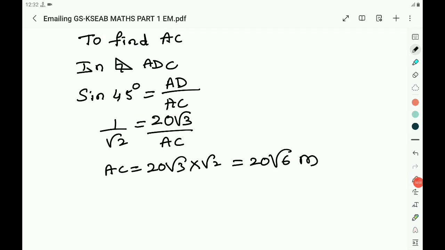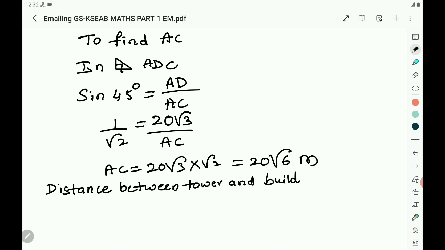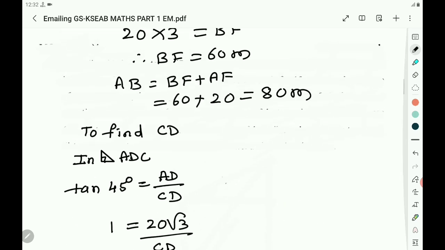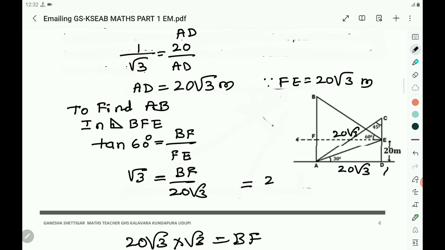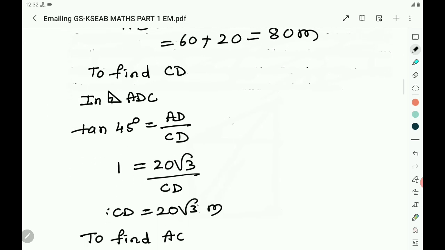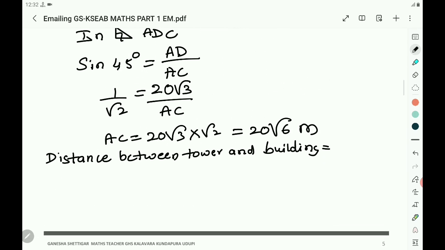Now you write first one, distance between the tower and the building. That is the first one. Distance between the tower and the building is AD. AD is equal to what? 20 root 3 meter.